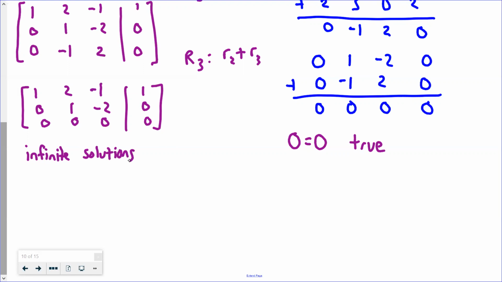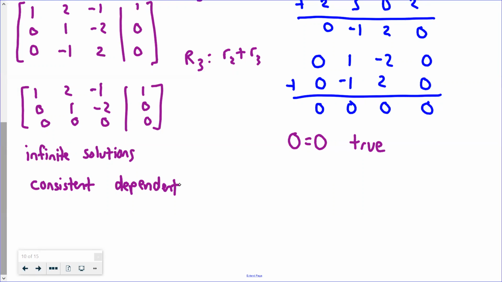Using our vocabulary words, this is still a consistent solution because it has at least one solution. But since it has infinite solutions, we're going to call this dependent. So it's consistent and it's dependent.